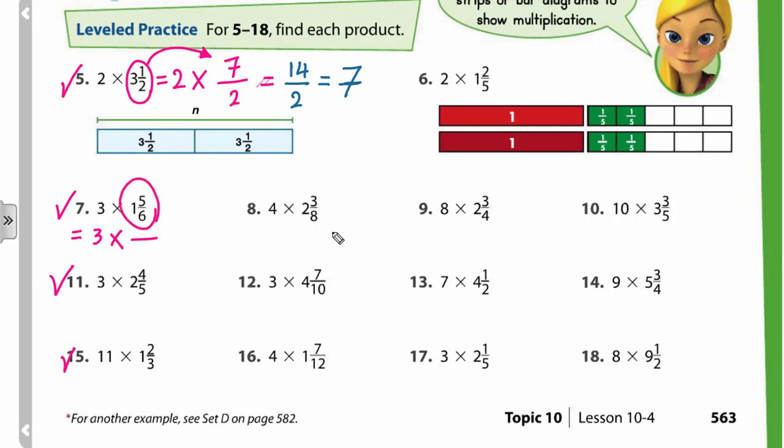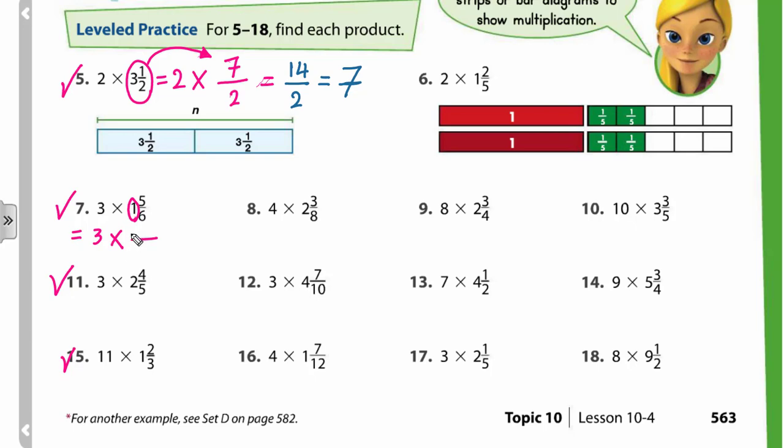The whole number times the denominator plus the numerator. No, no, no, the 1.